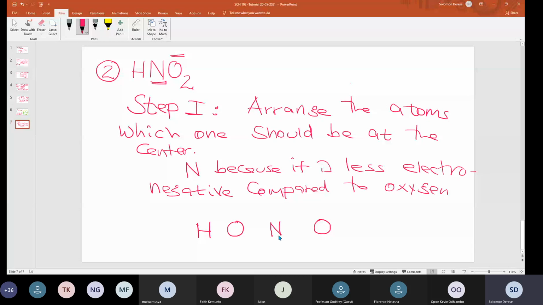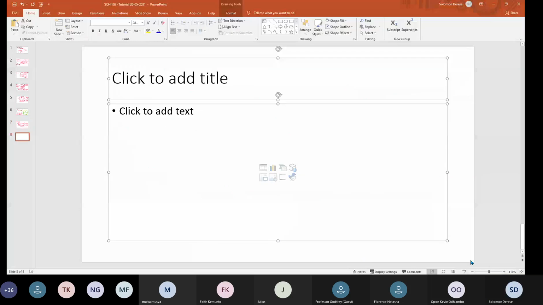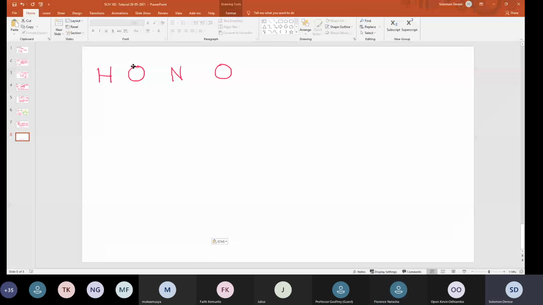That's our decision, logically. So what we do next is, what is step 2? Step 2 is count the total number of valence electrons. Yes. Let me draw this nicely, let me draw it like H, so that the molecule we draw at the end of the day looks neat.